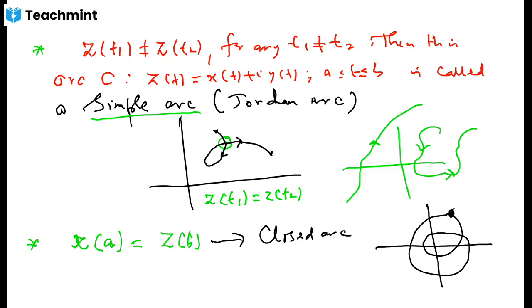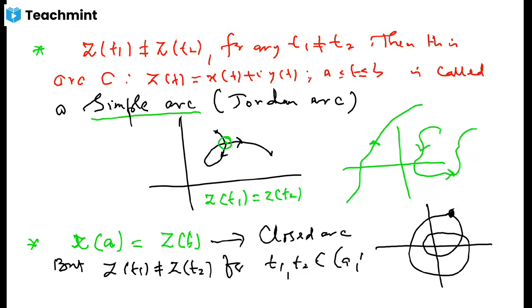But if z(t1) is not equal to z(t2) for t1, t2 in the open interval (a, b), that means we are keeping the possibility, we are assuming that z(a) is equal to z(b), the initial and terminal points touch each other, but these are the only points where the arc meets itself.